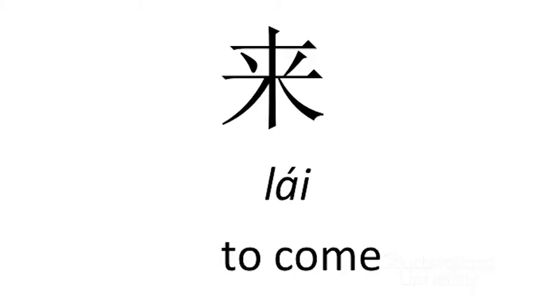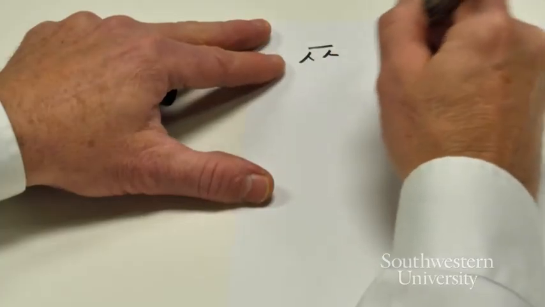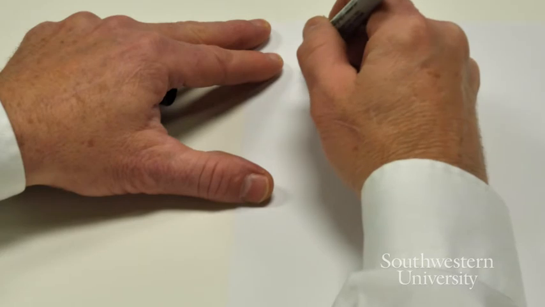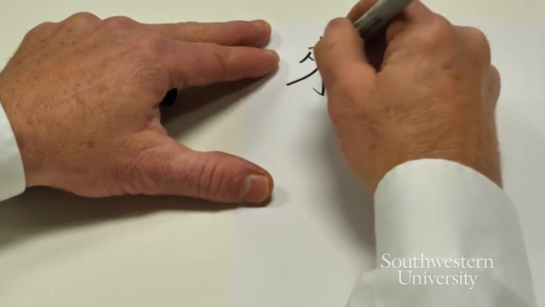The next character, Lai, to arrive, is a phonetic borrowing of another character. So the traditional character looks like this. In fact, yeah, that's right. Looks like this.